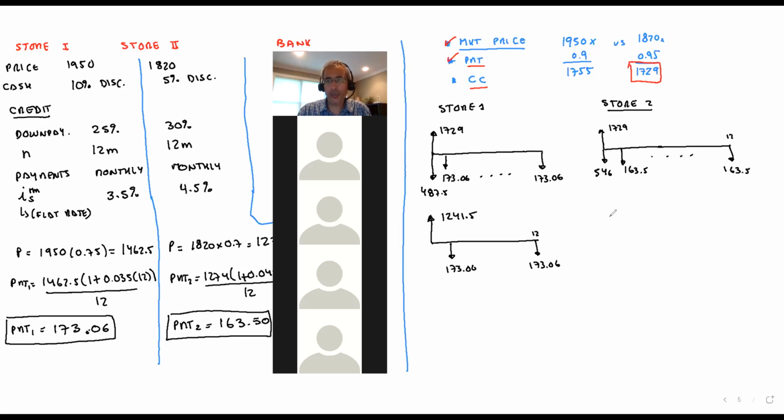Then I net these cash flows in order to use Excel. And then you go into Excel and you find the cost of credit here. Okay, 2 minutes to do this.